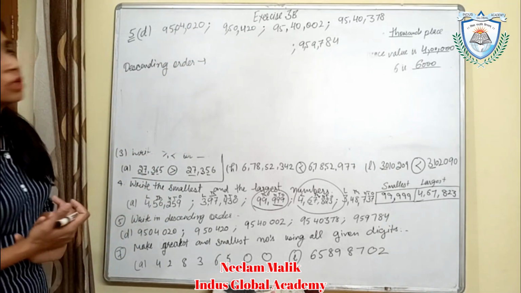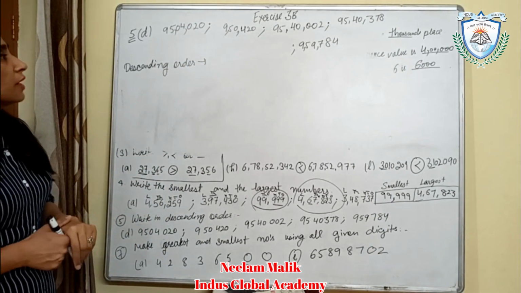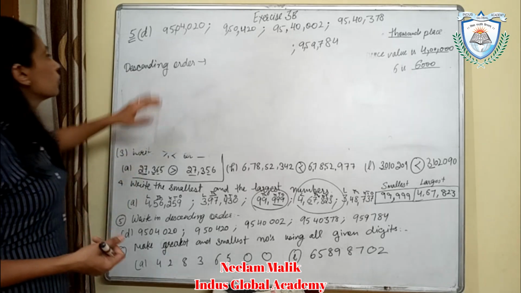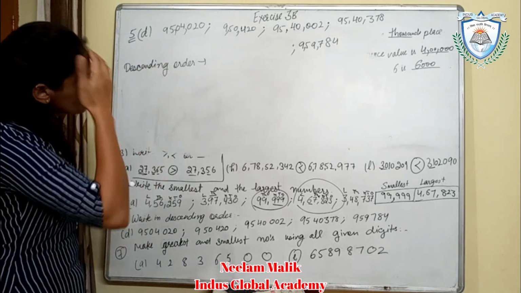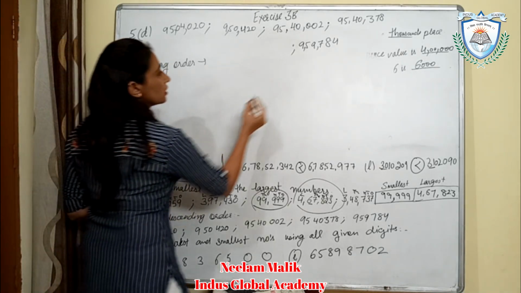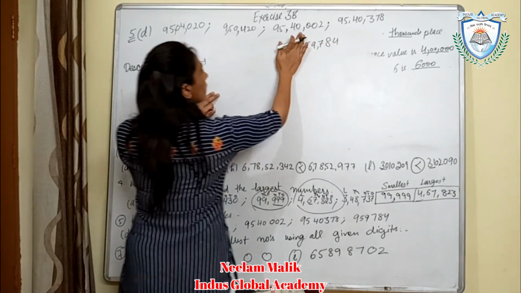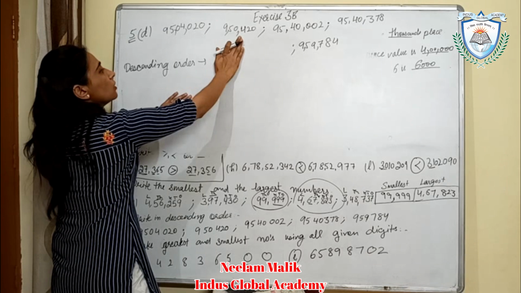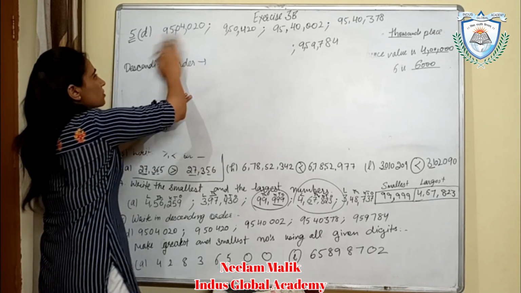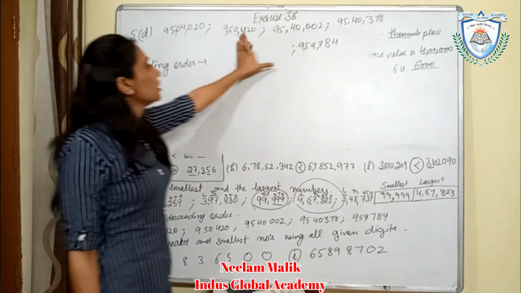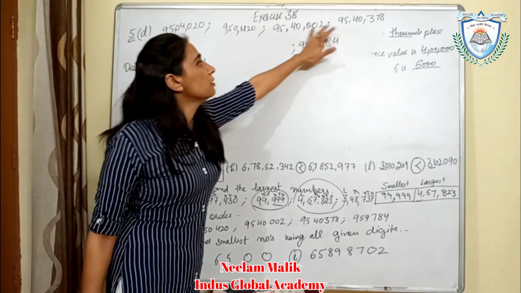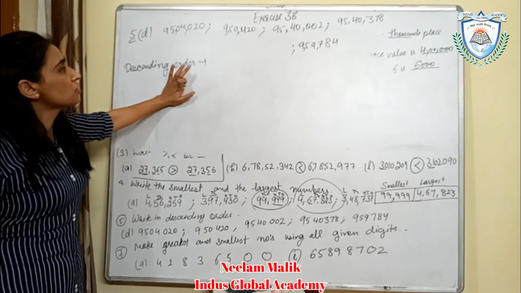So in the descending order, first we will write the greatest number. First we will look at the digits and find out which one is the greatest. How many digits are there? 3 and 6. Here is 7, here is 7, here is 6, and here is 7. So in two of these there are 6, and in that one there are 3, and the others have 7 digits.